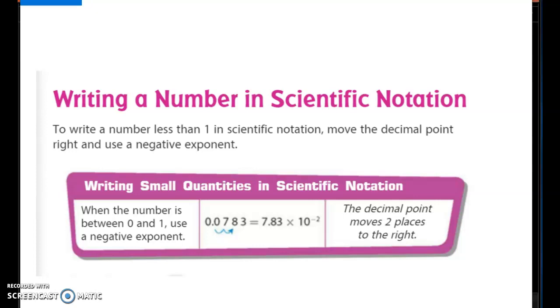You're going to follow the exact same format of creating that coefficient that we talked about in the last video, where the coefficient is a number between 1 and 10. So in order to create that coefficient, my number will have to be, in this particular instance, 7.83, because that number is greater than or equal to 1, but less than 10.